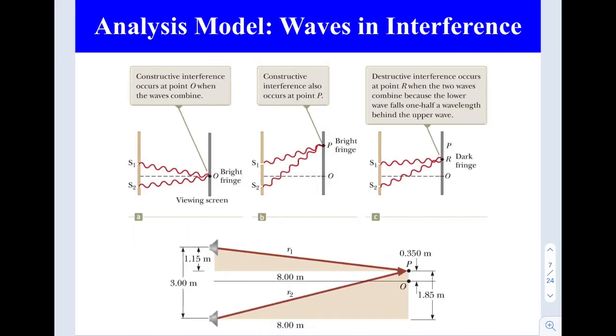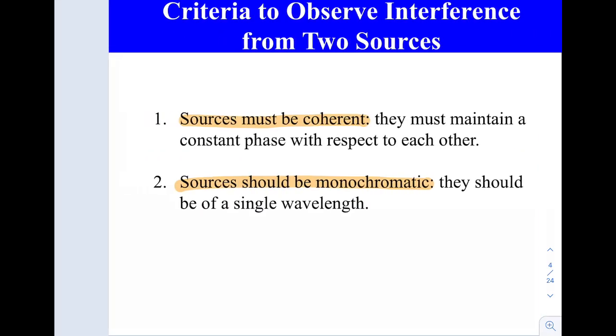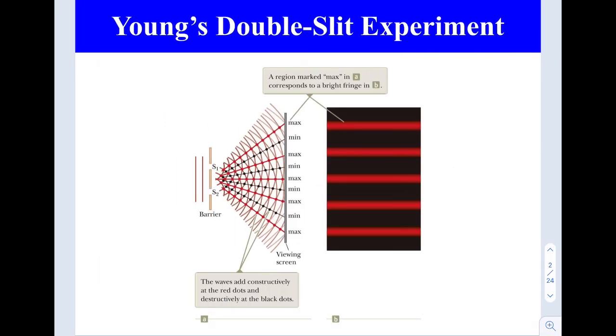If you still remember, at the center of the viewing screen is bright, and then it shifted. This is m equivalent to 0 for bright. This is for bright m equivalent to positive 1, and here is m bright negative 1, and so on.